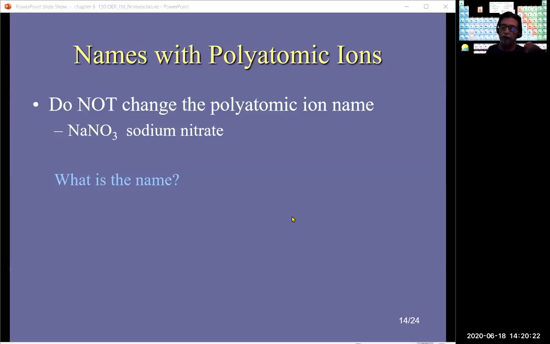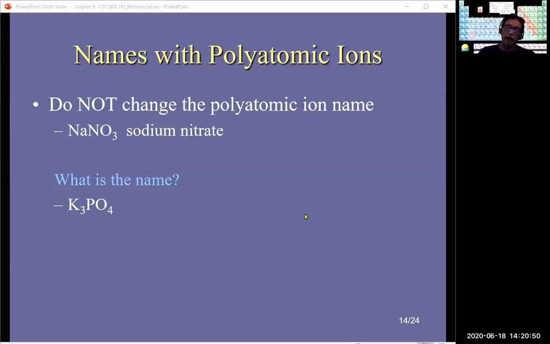So hopefully that would trigger your memory and you'd say, I am dealing with a polyatomic ion, especially when there are no parentheses around it. If you see parentheses, that right there would tell you, I have a polyatomic ion, then you refer to your table. And so here, first example, you have sodium nitrate.